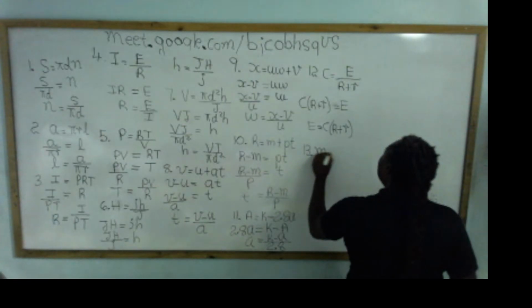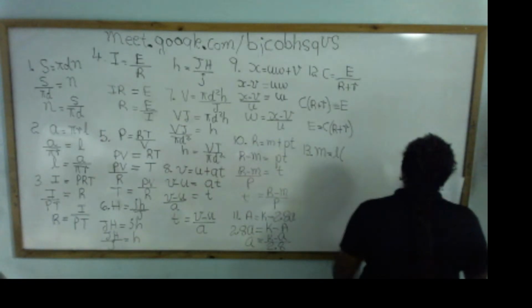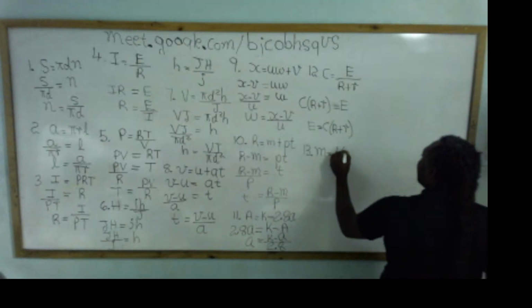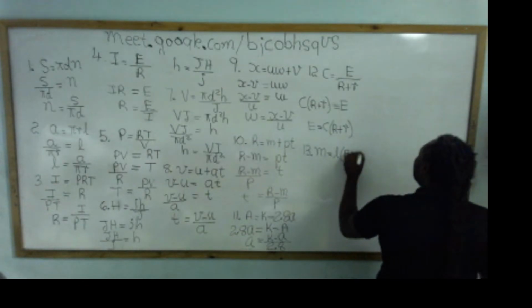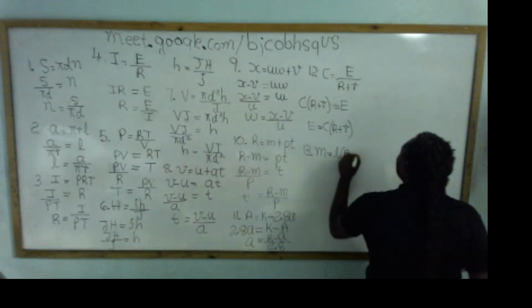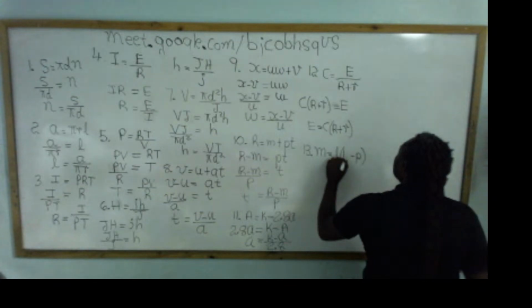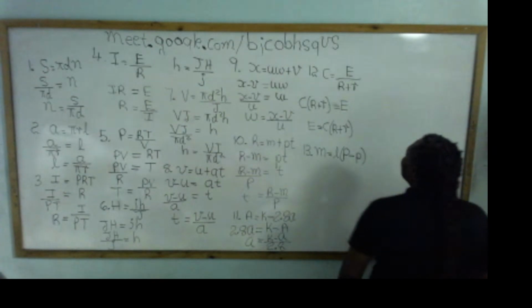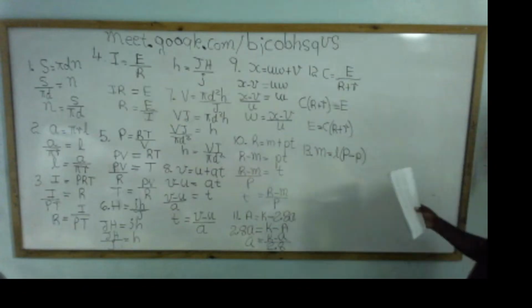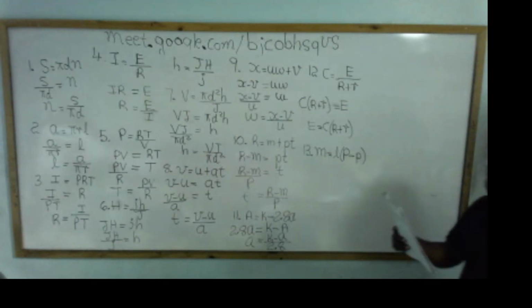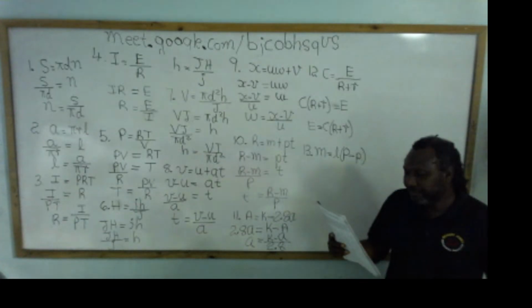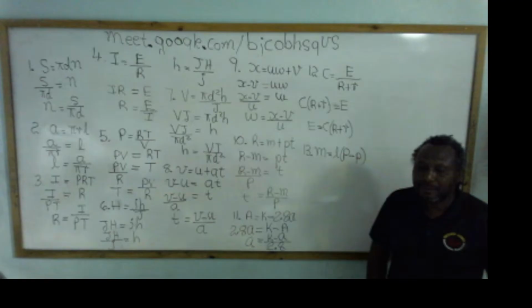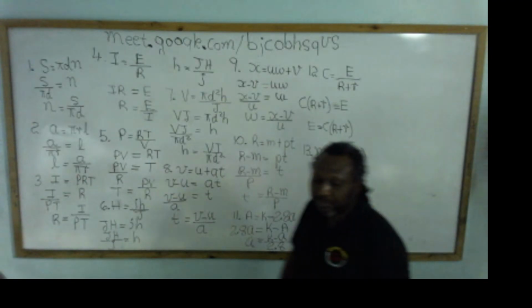Of course, one is uppercase, one is lowercase, and we are attempting to make which one the subject? Uppercase. So we are attempting to make the uppercase P the subject of the formula.